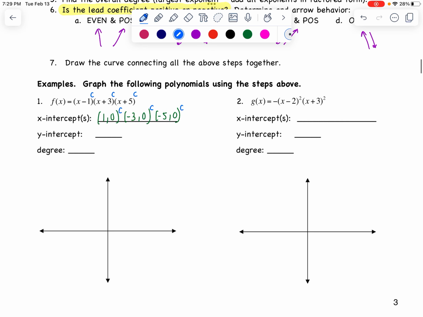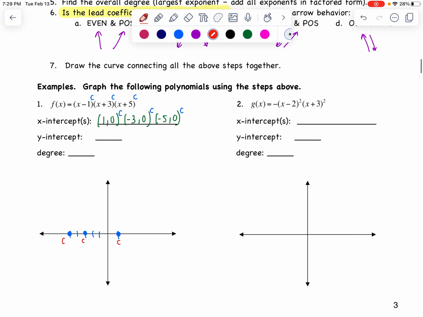All right, let's graph it. There's (1, 0), (-3, 0), and (-5, 0). And again, they all have the cross behavior. Next is finding the y-intercept and plotting it. Again, you're just plugging in 0 for x.